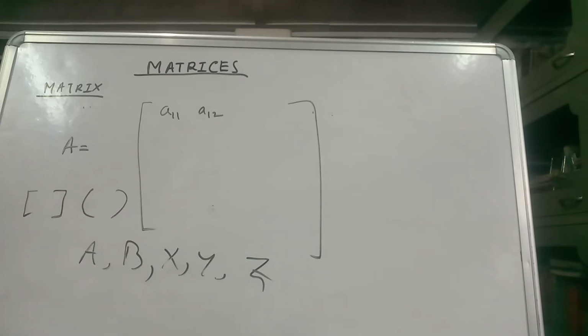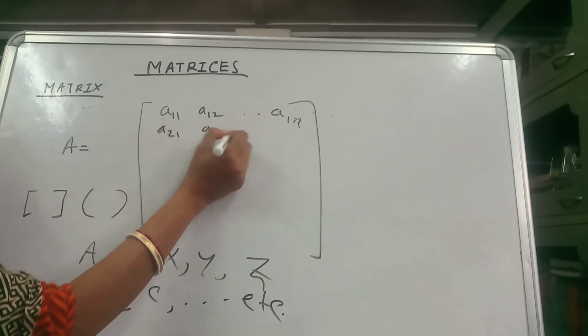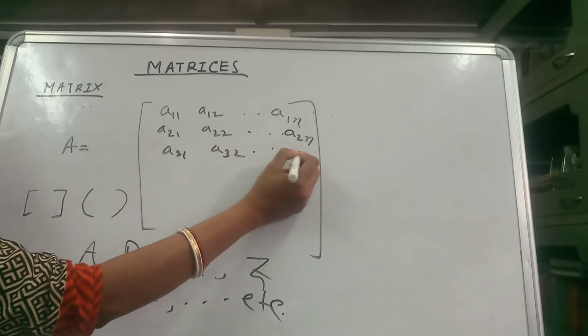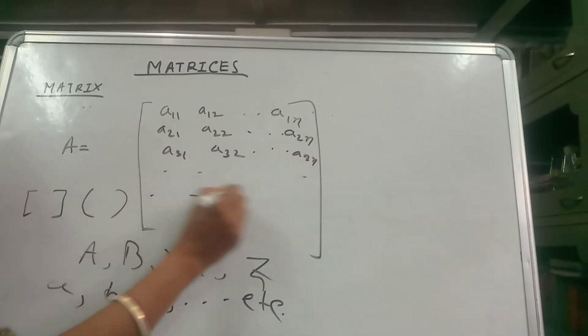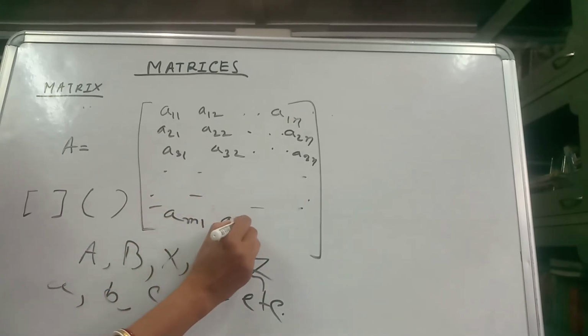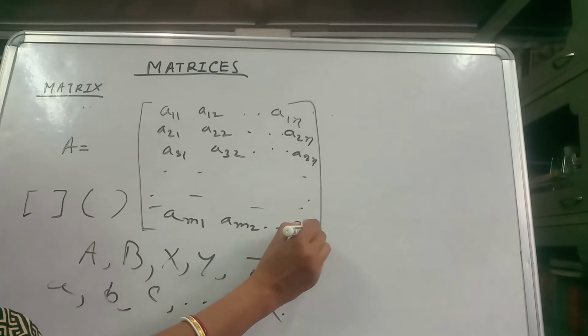And elements of a matrix are represented by small letters like a, b, c, etc. So we can write the form of a matrix in this way: a11, a12, a1n, a21, a22, a2n, a31, a32, a3n, and in this way we get am1, am2, amn.